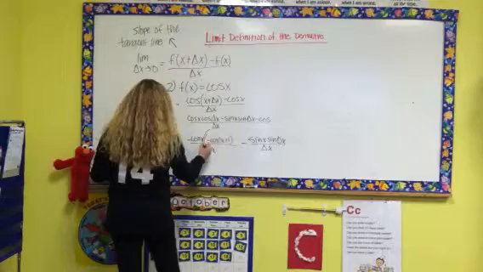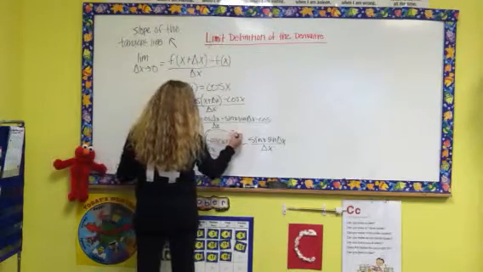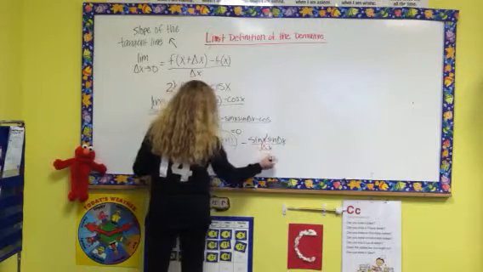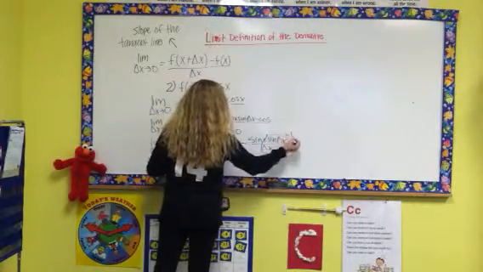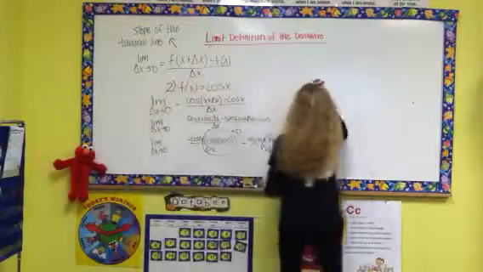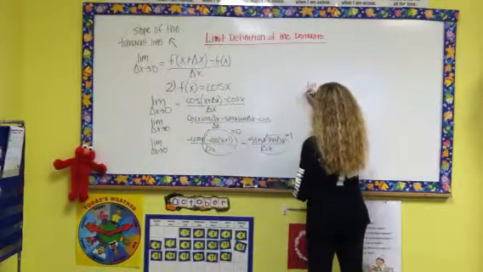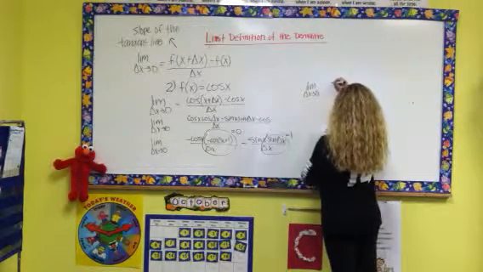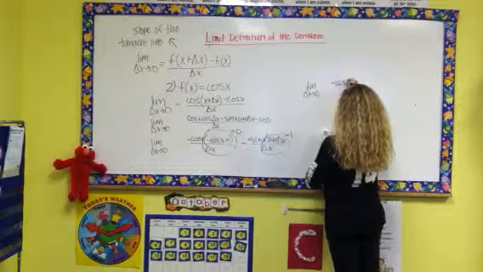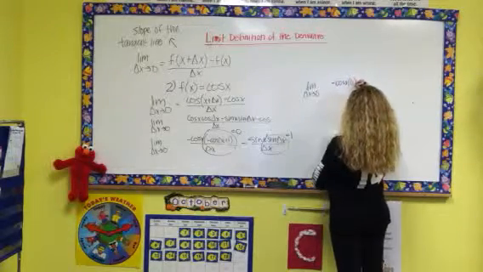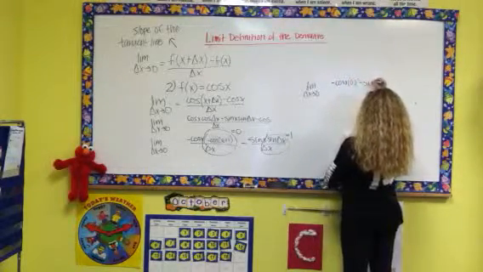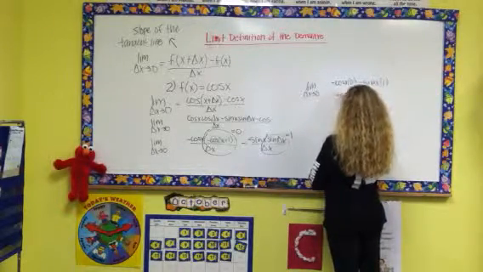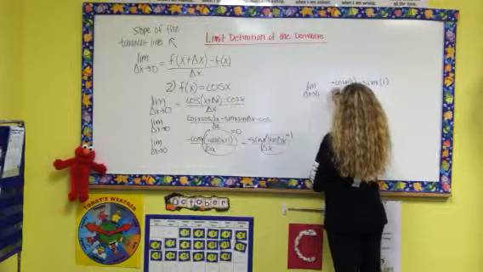Then we know that this is equal to 0 and this is equal to 1. So then we get the limit as delta x approaches 0 of negative cosine x times 0 minus sine x times 1 and get negative sine x as our answer.